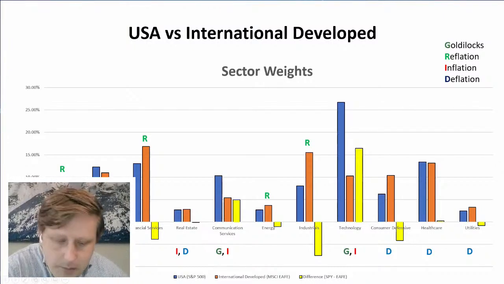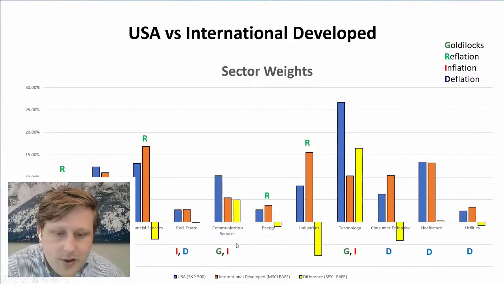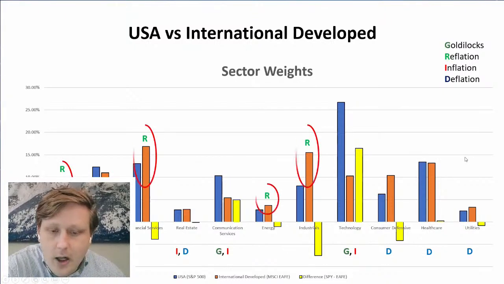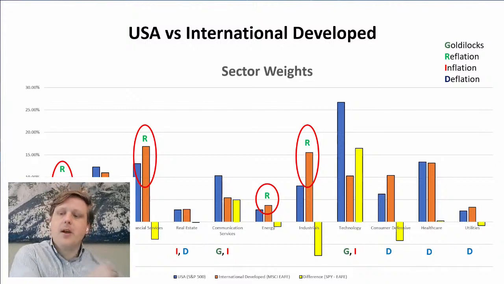But you can see, basic materials, international has a lot more exposure to materials, a lot more exposure to financials, energy, and industrials, which are actually pretty cyclical industries and sectors. And all of these sectors do well and lead out in the reflation macro regime.